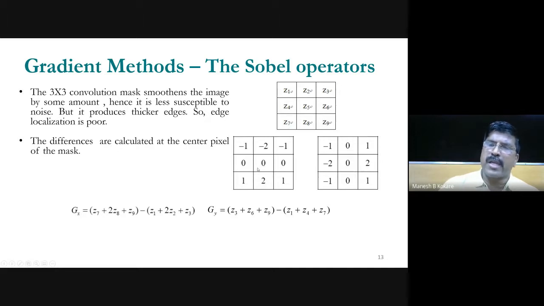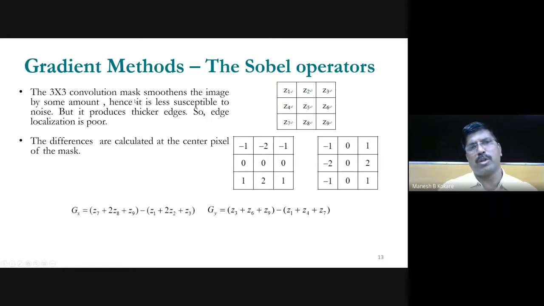So its edge strength is detected basically on the neighboring pixels, and then by taking the difference, 1, 2, 1 and -1, -2, -1. So zx and then zy, that is 1, 2, 1 and then -1, -2, -1. So this is the pixel under consideration. Here more importance is given to the central pixel and less importance is given to the other pixels.